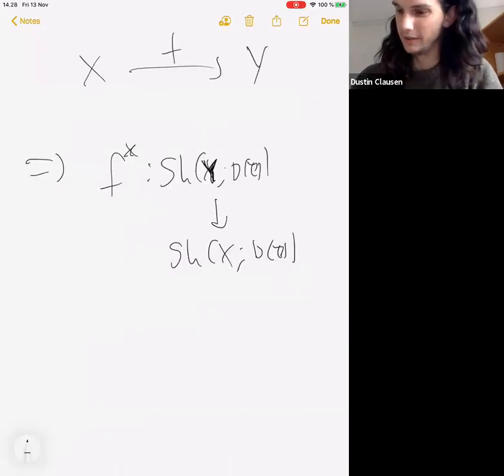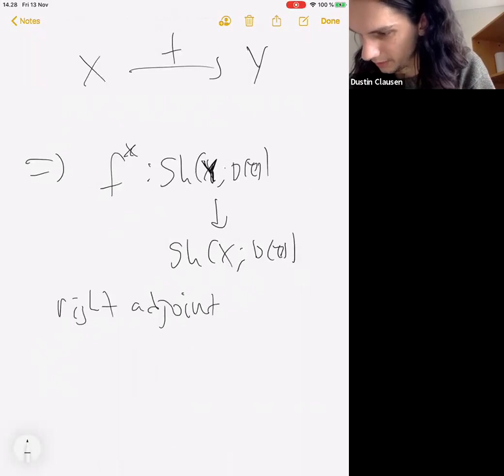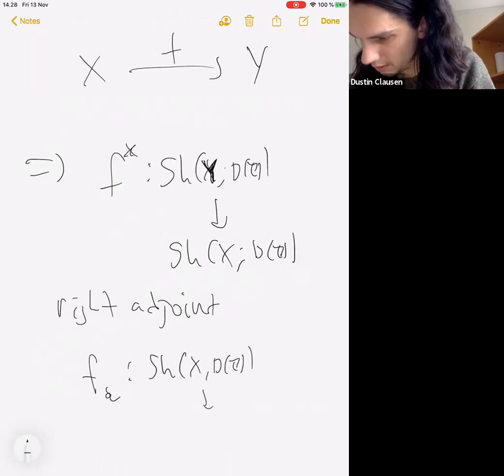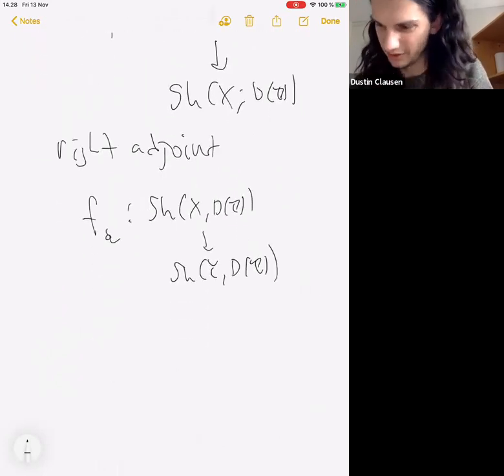Right. So I have a pullback functor here, and it has a right adjoint, f lower star. And actually, the right adjoint is kind of easier to write a formula for.